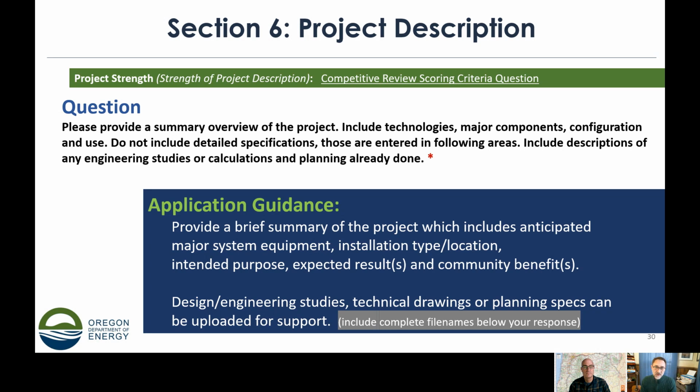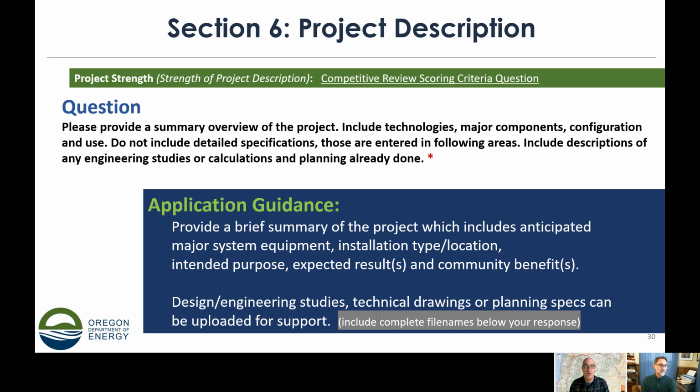And I'll turn it over to Clay. I know he has more on this one. Yep, this one is, again, like you said, just that summary, because details are asked for in follow-on questions. So, for example, if you go to the grantee list on our website for round one, we summarize each grantee's project, and that's the thing we're looking for: the technology used, the size of the project, who it's going to be serving, and where it's located.